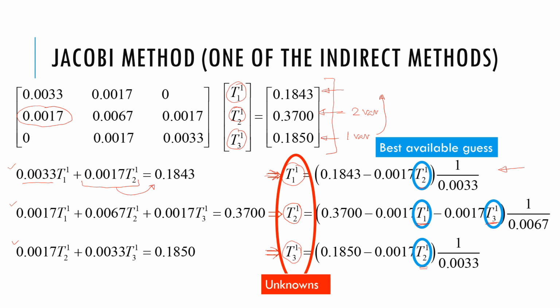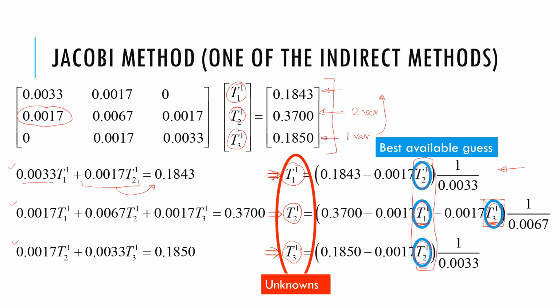So just because we wrote it this way doesn't mean we can solve it, because T1, T2, and T3 on this side, all those are my unknowns. So the right-hand side is unknown. So how do we go about this? In this process, we try a guess for all of these unknowns.